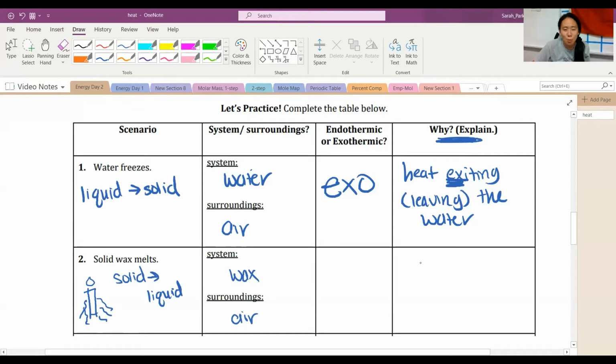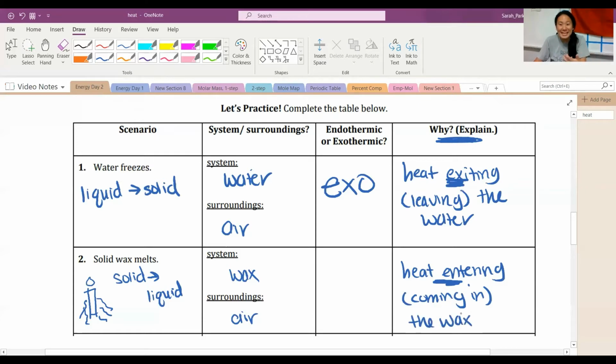And so you've got to think, why would our wax melt? It melts because it's getting hotter and hotter, right? Like the candle is going. And so heat is then what? Entering, right? Coming in to the wax.